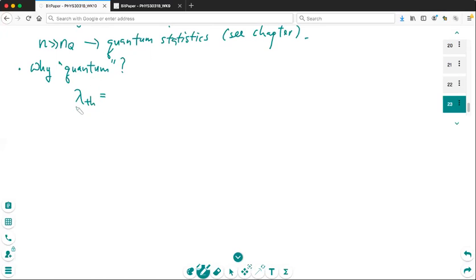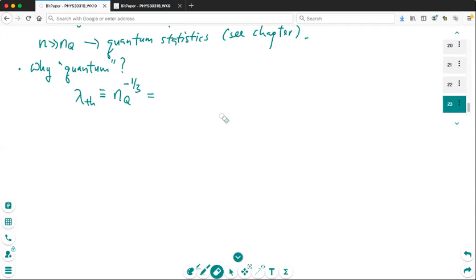Okay, so I can define some kind of length scale like this. I take this and take this power. So this is a length scale. This is a definition. I define some kind of thermal length.